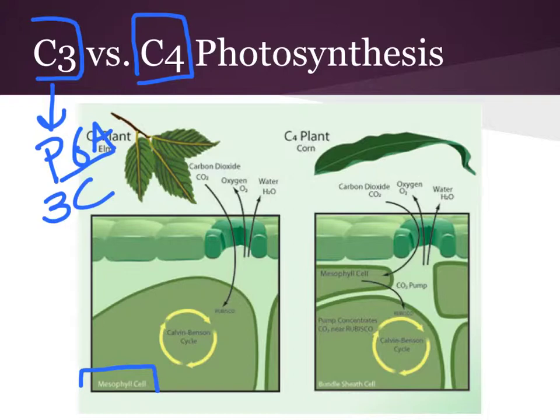So what C4 plants do is, during times where they can open the stomata, like early in the day or even at night, plants will open up their stomata, carbon dioxide will come in through the stomata and enter the mesophyll cells just like normal. In C4 plants, however, the CO2 that comes in doesn't immediately begin the Calvin cycle.